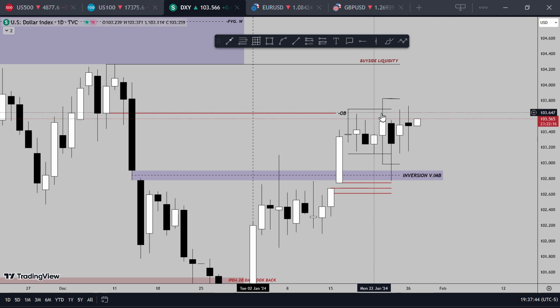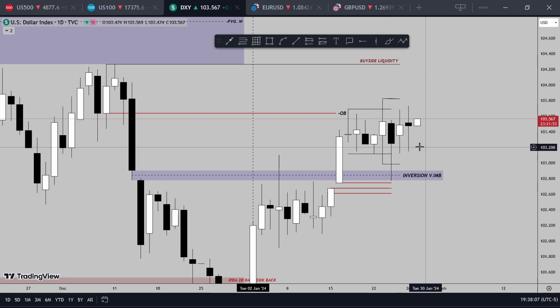We can see that we drop below the consolidation, taking all these liquidity pools, the liquidity resting below this consolidation low and then this low. We grab all those liquidity pools and look how the candle closed. It closed immediately back up inside the range.